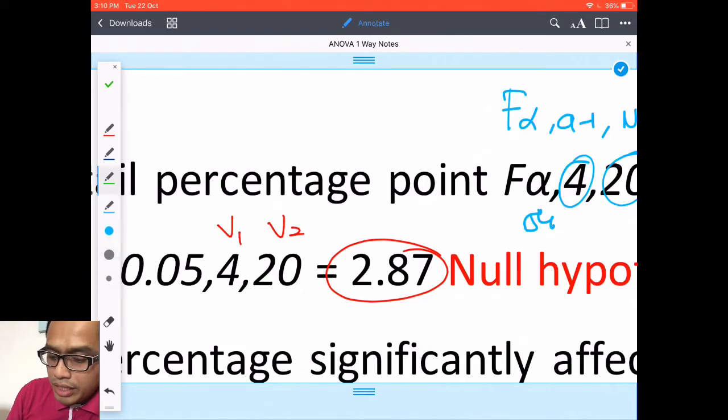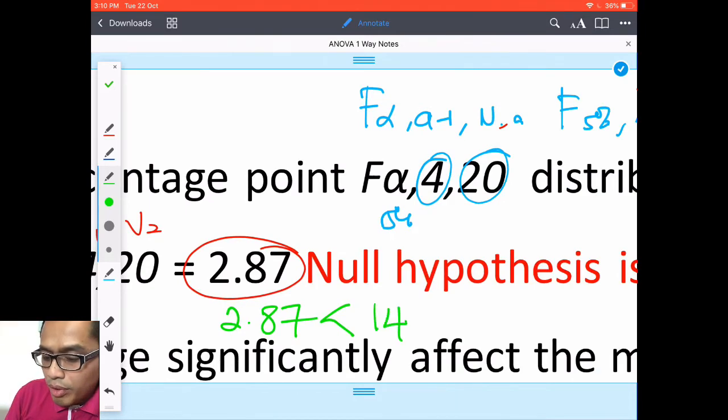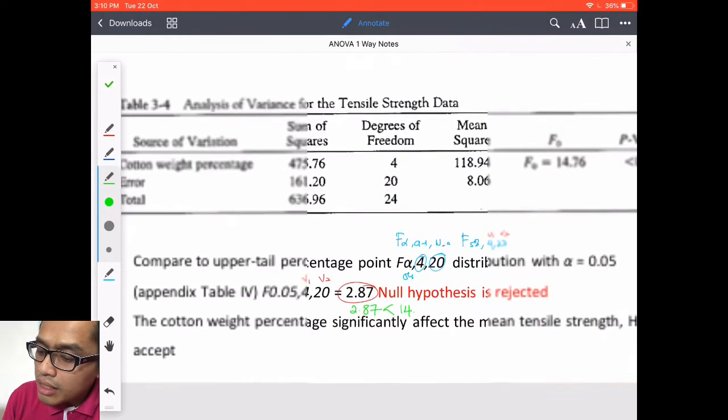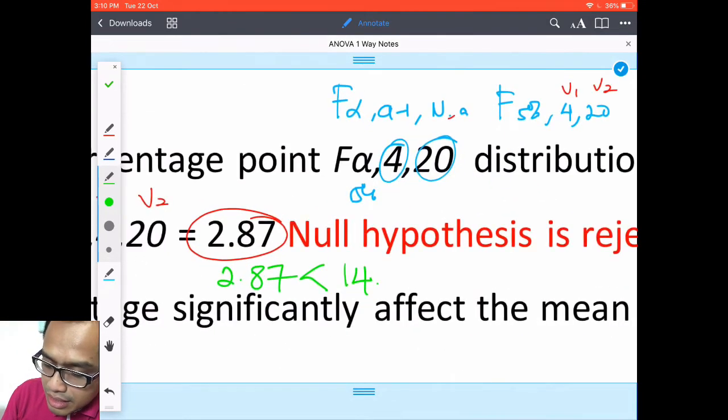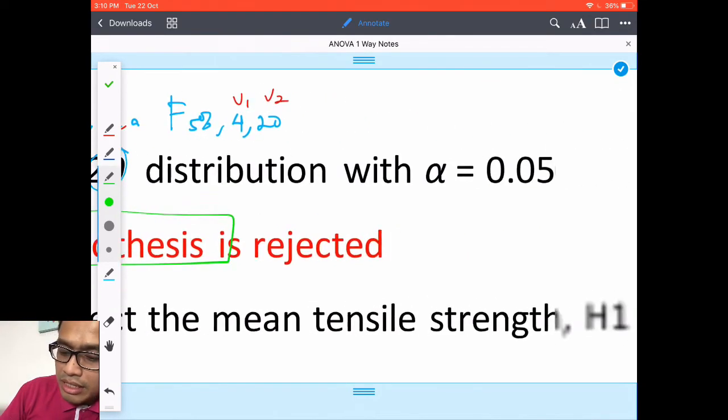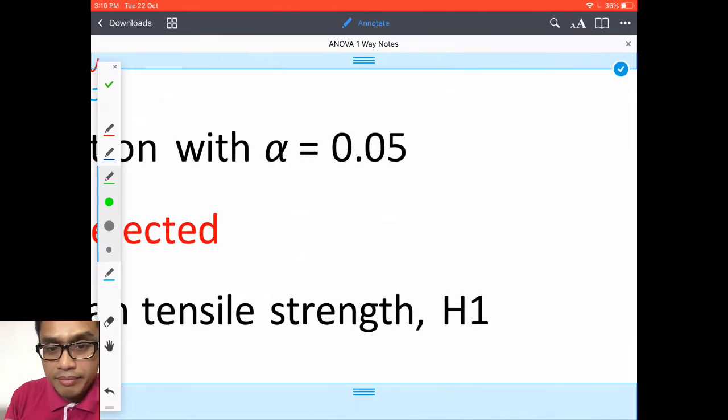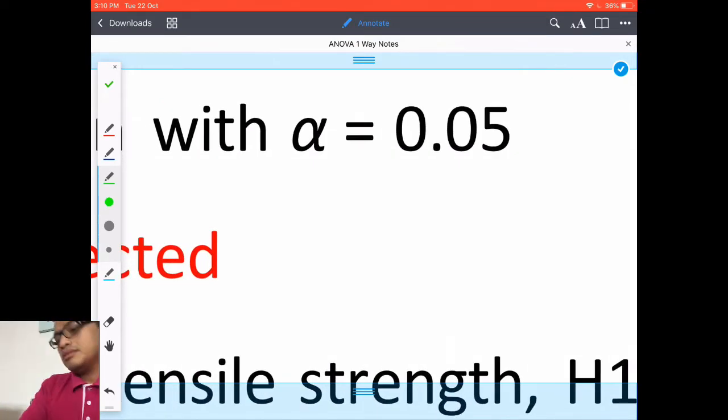So 2.87 is less than 14.76. Therefore, the null hypothesis is rejected, and you must add one more mark. Null hypothesis rejected means H1 is accepted.